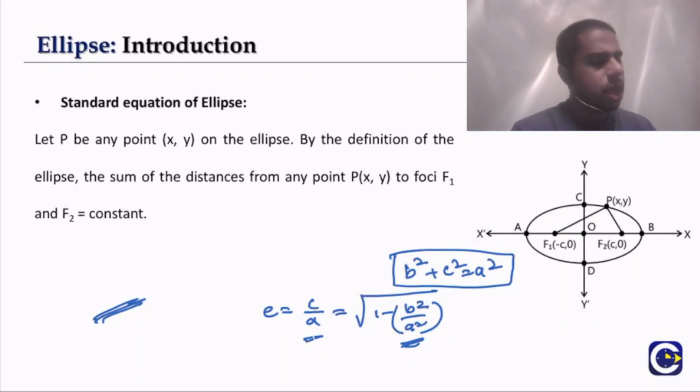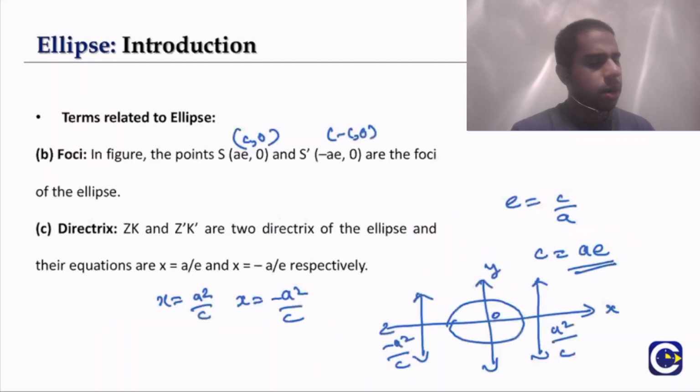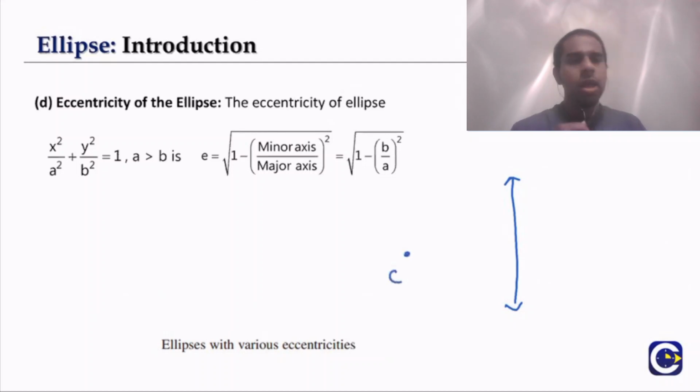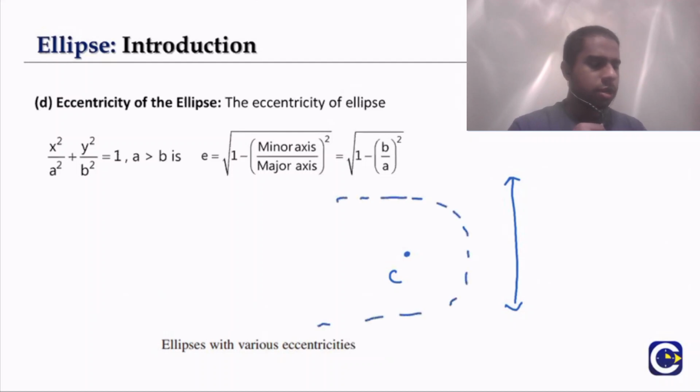The ellipse can be drawn by fixing a straight line and by fixing a focus point, some focus point, and then you draw the points around this focus point such that the distance between this and the distance between this are in constant ratio.